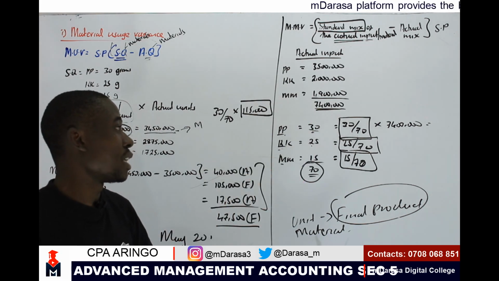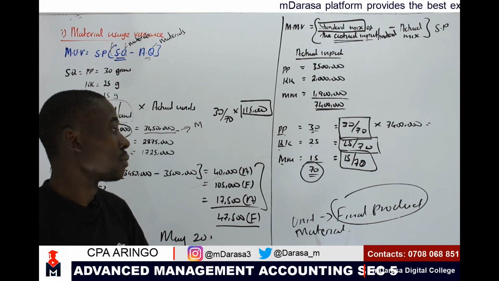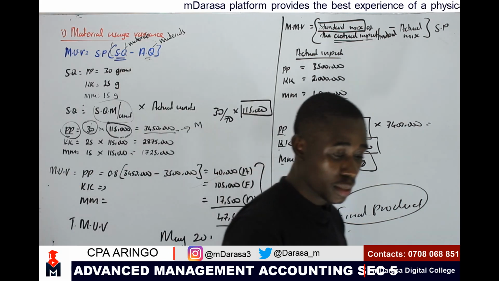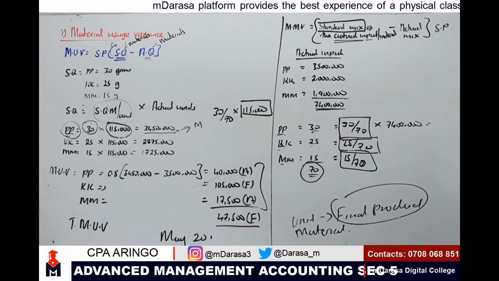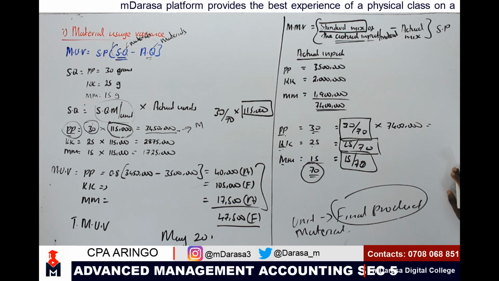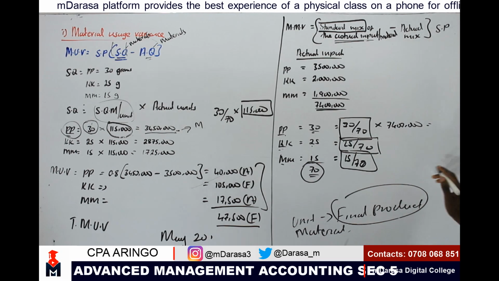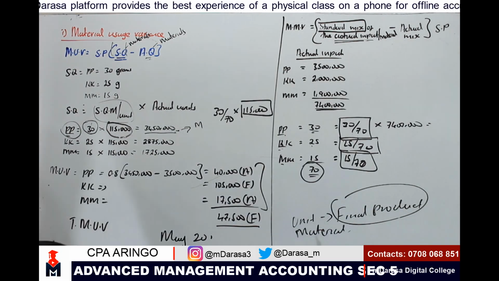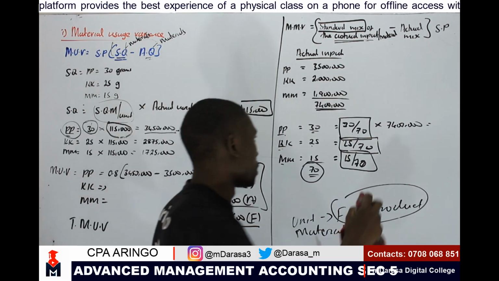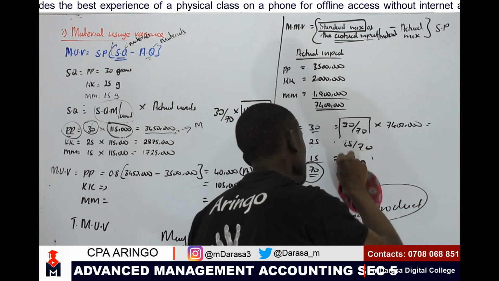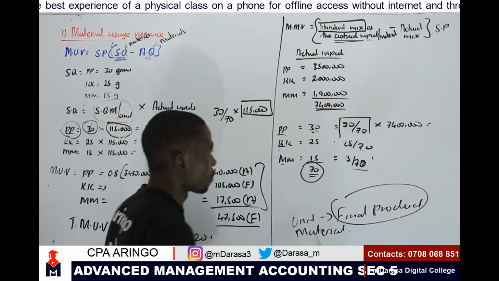How many grams will you be talking about? Product PP, we have how many grams? So this is 25 of 70.